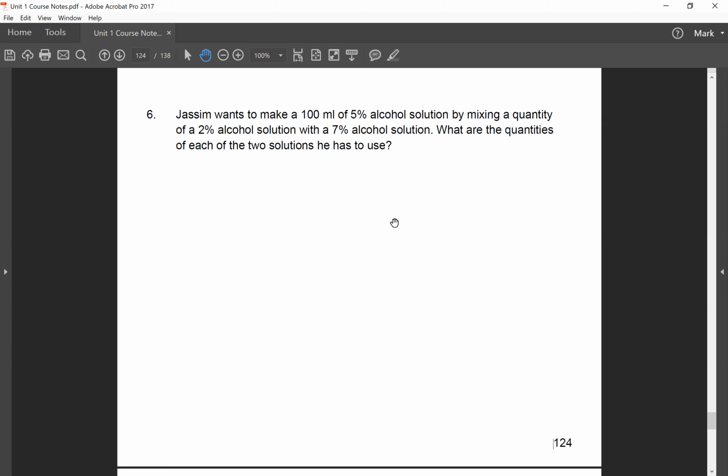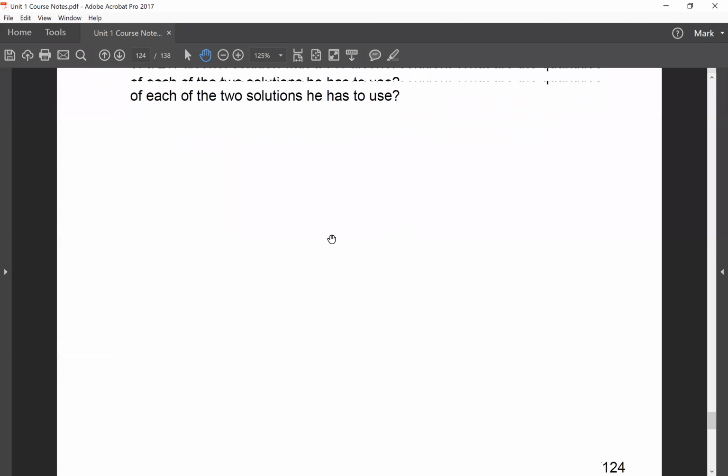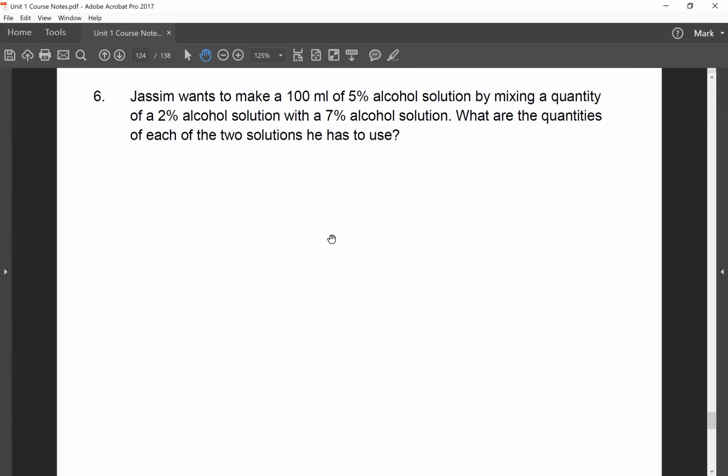So let me zoom in one block here. Hopefully this will be okay. We have a 2% solution and a 7% solution. What we're going to do is let the volume of this, and I said volume, but what I really mean is the milliliters.